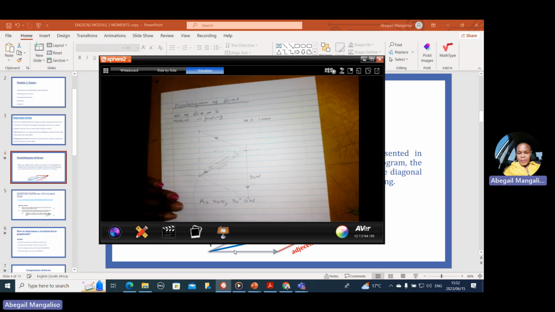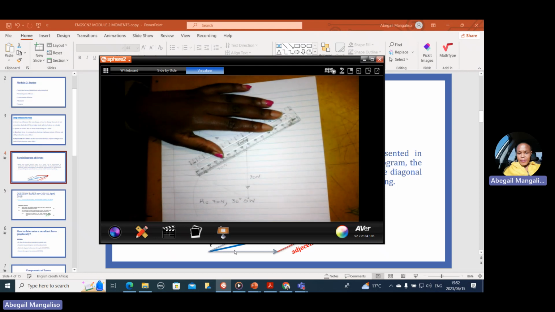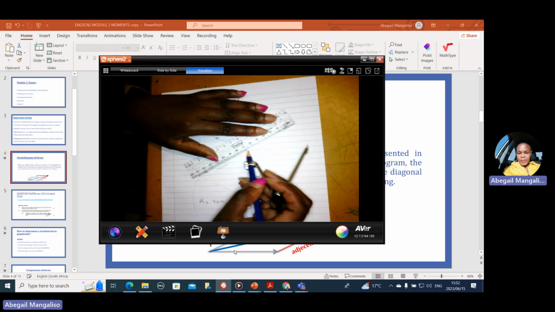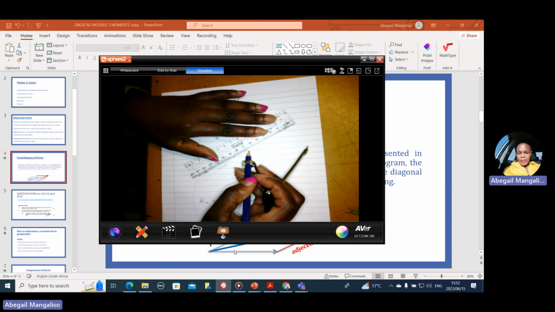Now, if the question is looking for the equilibrant, it is the force that brings the balance. The equilibrant is equal to the resultant but opposite in direction. I will just extend the resultant line 70 newtons. I pull 70 newtons from this side in the opposite direction.